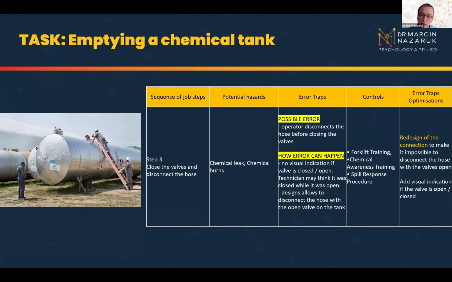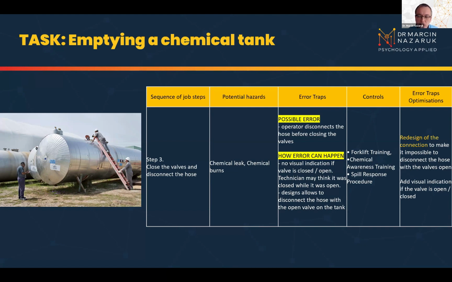And in this case, that company decided to redesign this connection to make it impossible to disconnect the hose with the valve being open, plus added the visual indication of whether the valve is open or closed. That redesign and engineering solution eliminated the risk of mistakenly disconnecting the hose with the open valve.